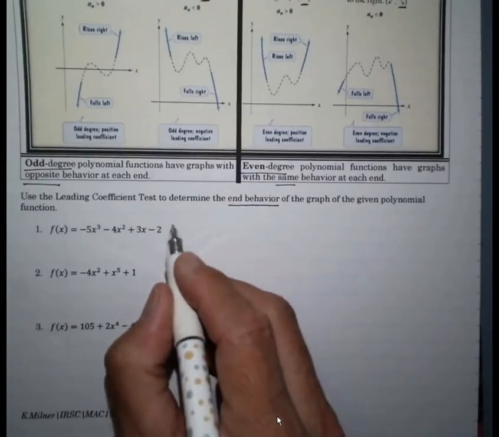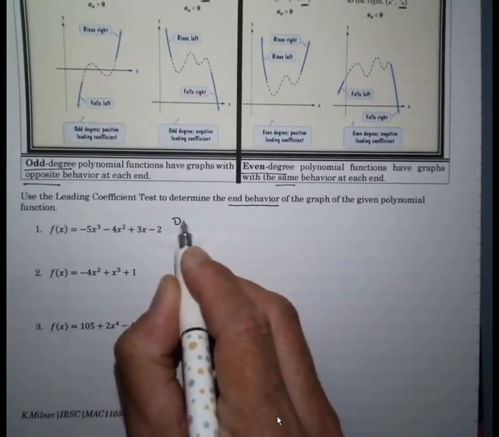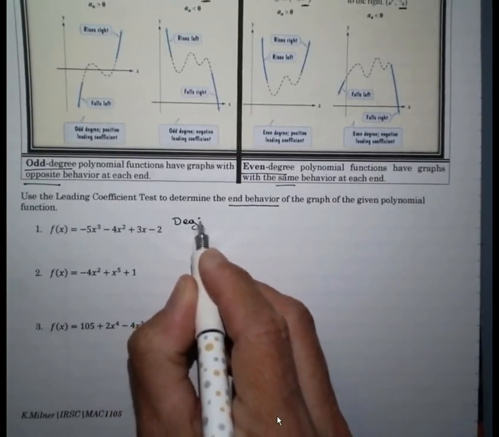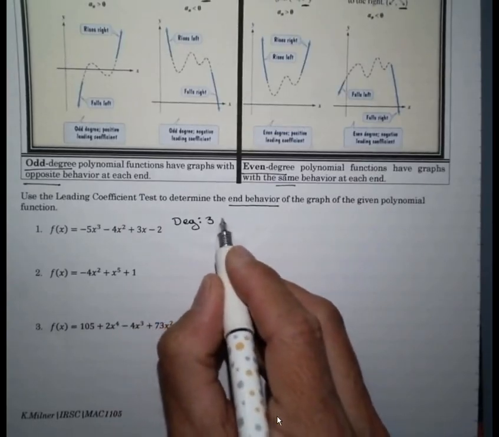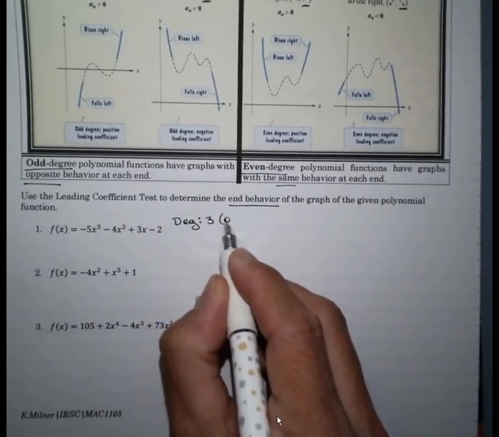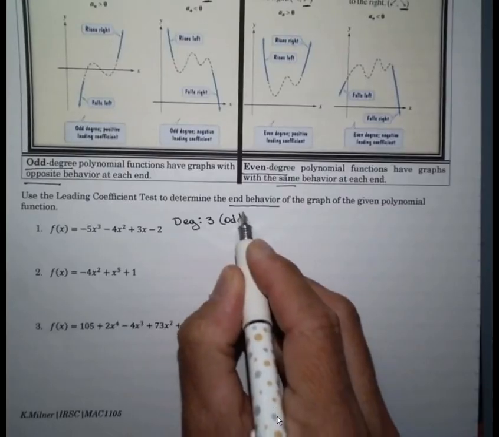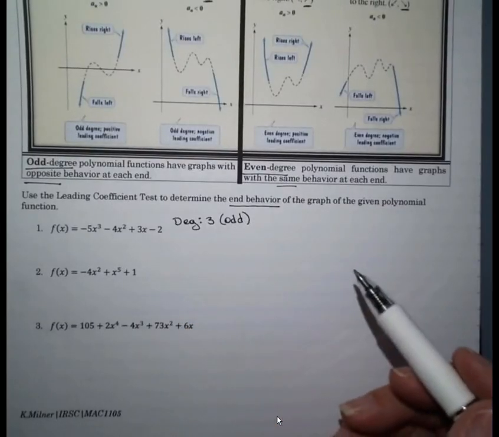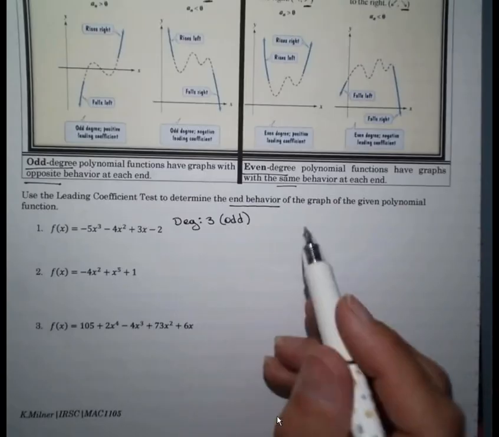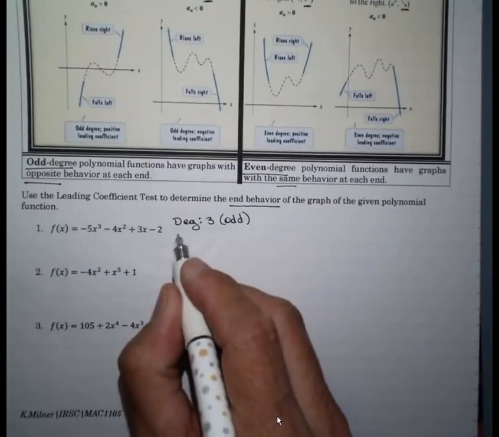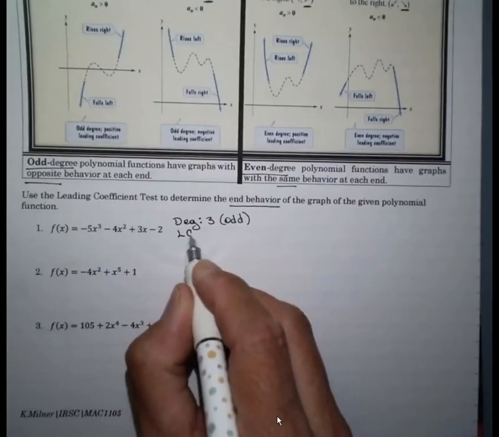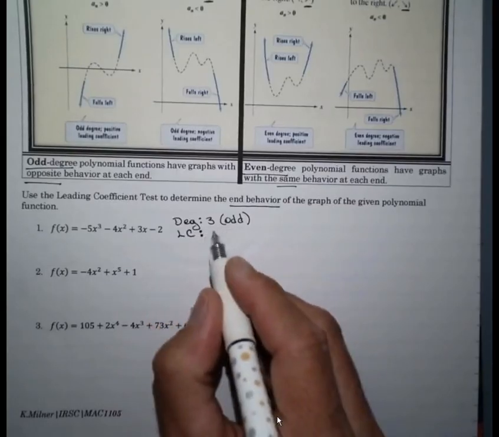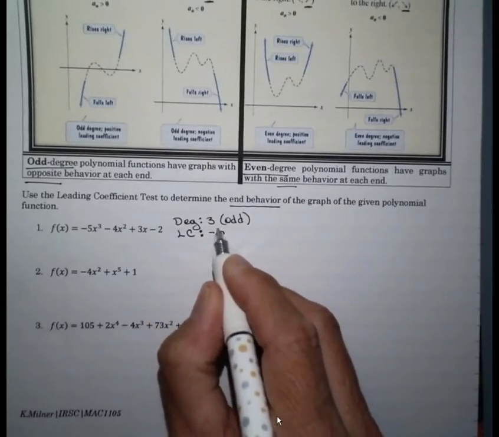So the first thing I'm going to say is this one has a degree of 3. Now, that's an odd degree, right? That's going to tell me that the tails of my graph are going to do opposite things. My directions are going to be opposite at the ends of my graph. But what is the leading coefficient? The leading coefficient for this one is -5.